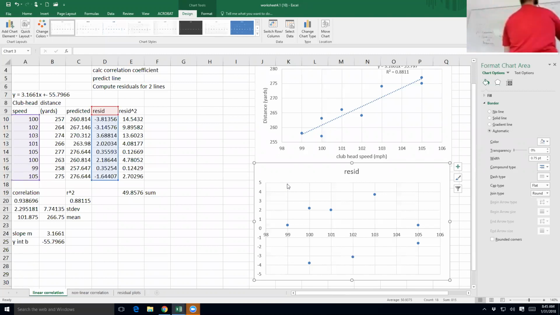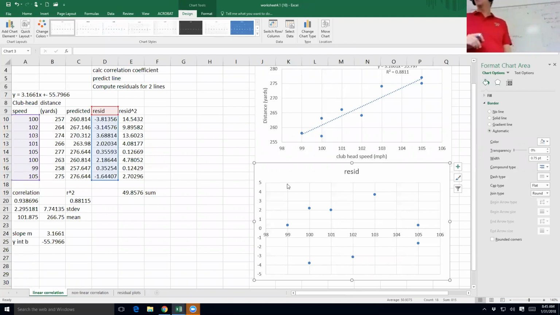Okay, so here's what's bad. Bad is to see a pattern, such as what we refer to as the megaphone. It could be a megaphone like that, or like this, or some other pattern.